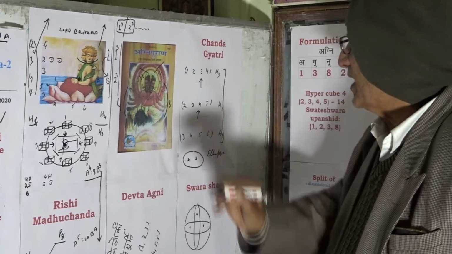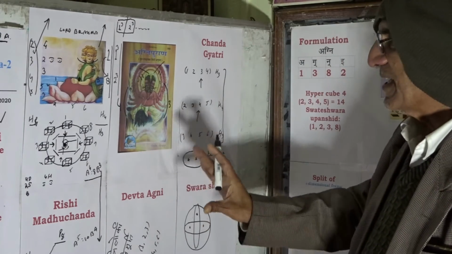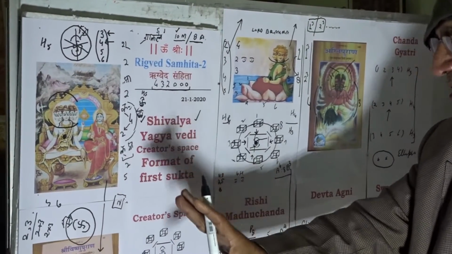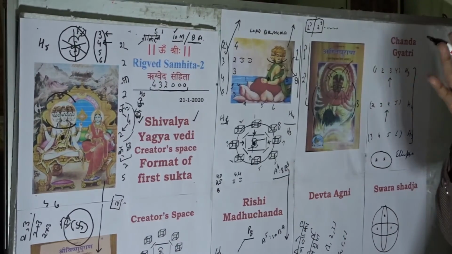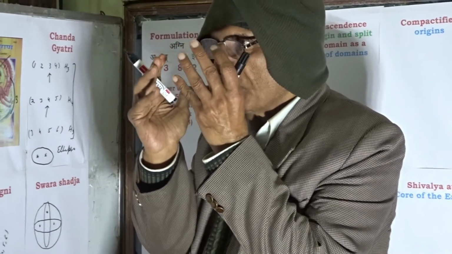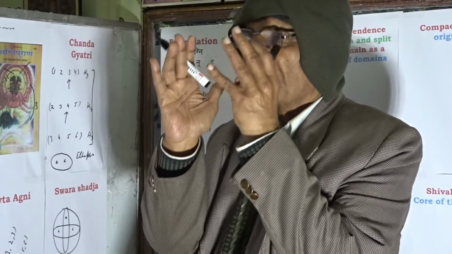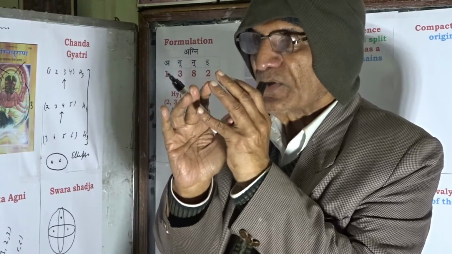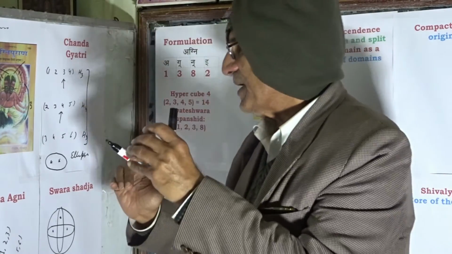It is here that we will see that this organization format of the Shakala Rigved Samhita essentially is a chase of the existence phenomenon of our solar universe, wherein not only the domains split, but also the dimensional frames split.